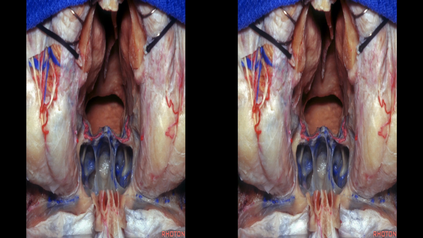I must have done 1,000 transsphenoidal operations going to the sella before I realized that the Vidian nerves run in the floor of the sphenoid sinus, often covered by bone in the floor, but they may be exposed, as in this case, directly under the mucosa.